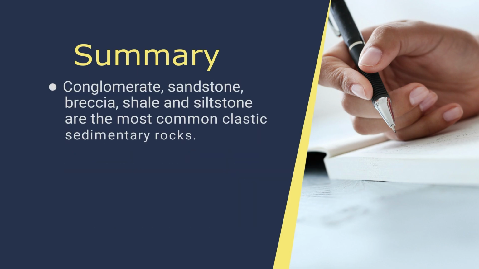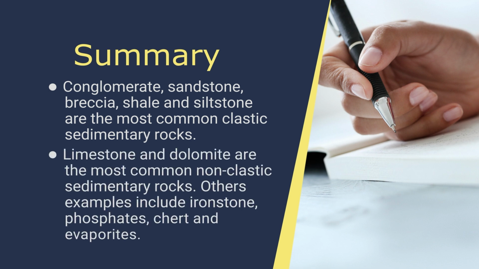Conglomerate, sandstone, breccia, shale and siltstone are the most common examples of clastic sedimentary rocks, and limestone and dolomite are the most common non-clastic sedimentary rocks. There are also other examples that include ironstone, phosphate, salt and evaporites.